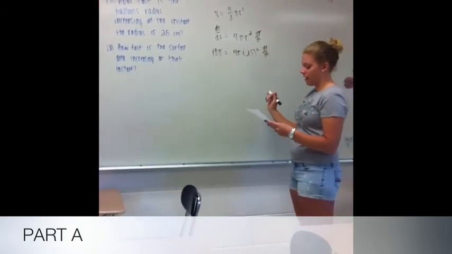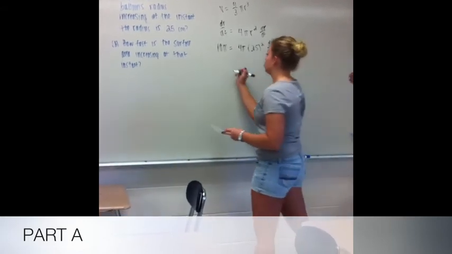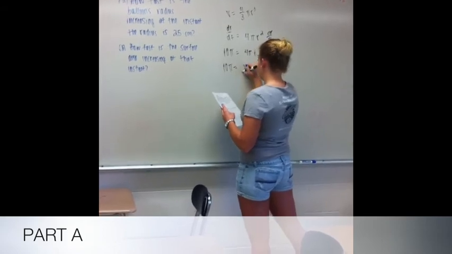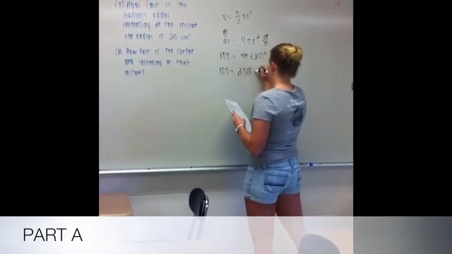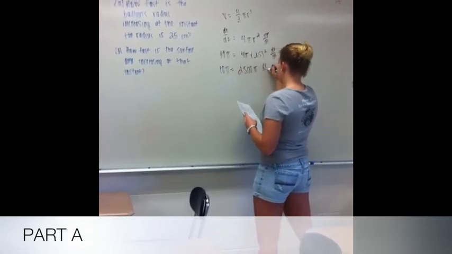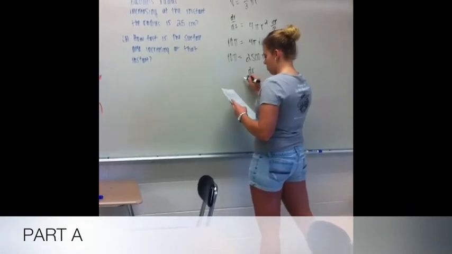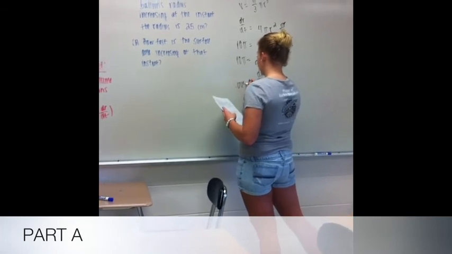You're going to simplify and then solve for dr/dt. So you get 10 pi is equal to 2500 pi dr/dt. So dr/dt will be equal to 0.004.